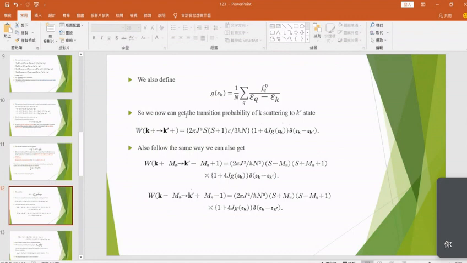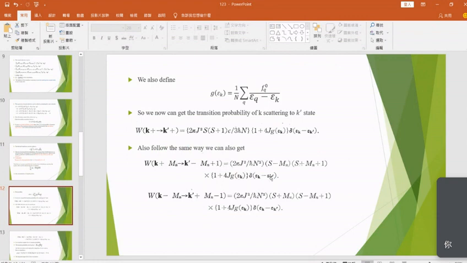So finally, we can get the transition probability of K scattering to K prime state. First it is K plus to K prime plus. It looks like this if we write down the total transition rate. And if the spin of the electron from initial to final is not the same, if from plus to minus, the impurity spin will increase by 1.